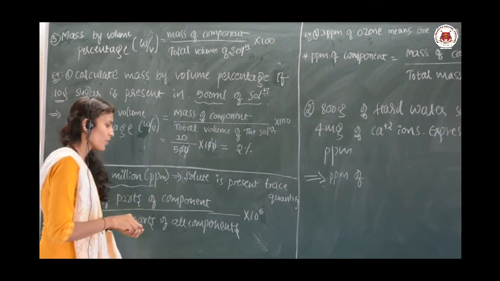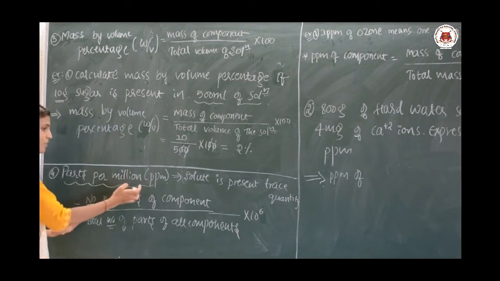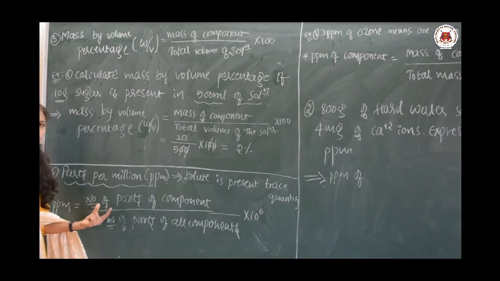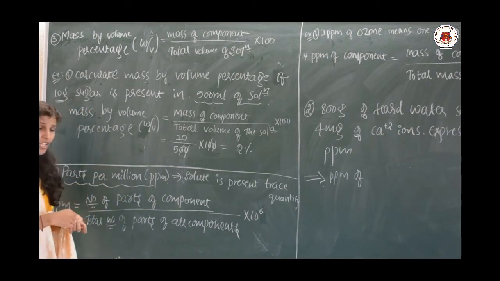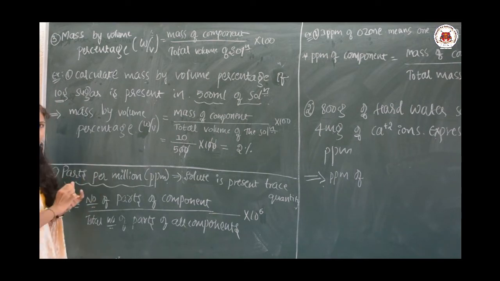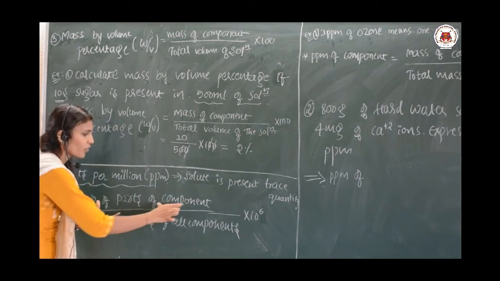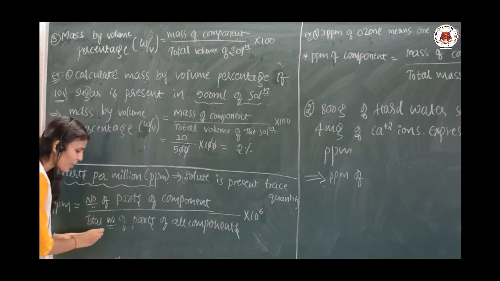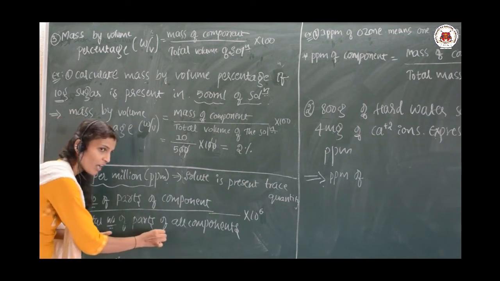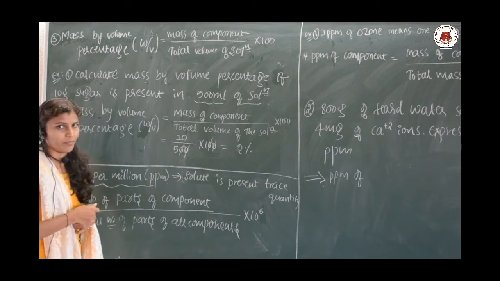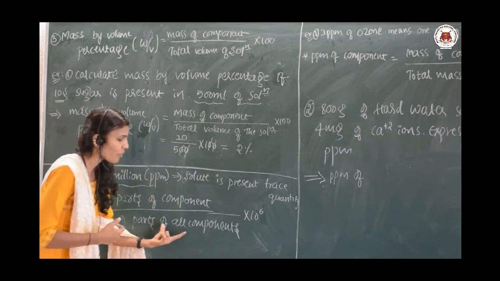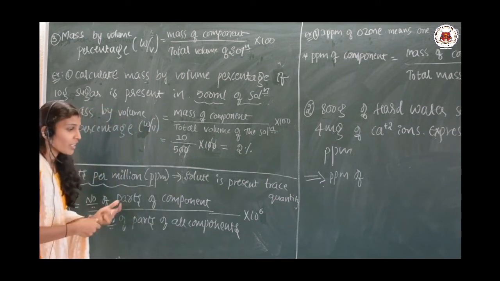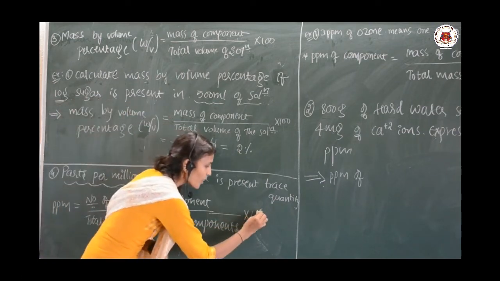So here we will go for the formula. The parts per million, that is ppm, is equal to the number of parts of the component. Here we are not taking any mass or anything because it is parts. So the number of parts of the component divided by the total number of parts of all the components into 10 to the power 6.